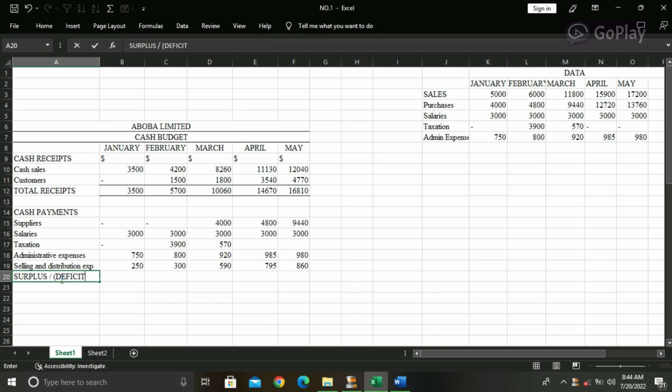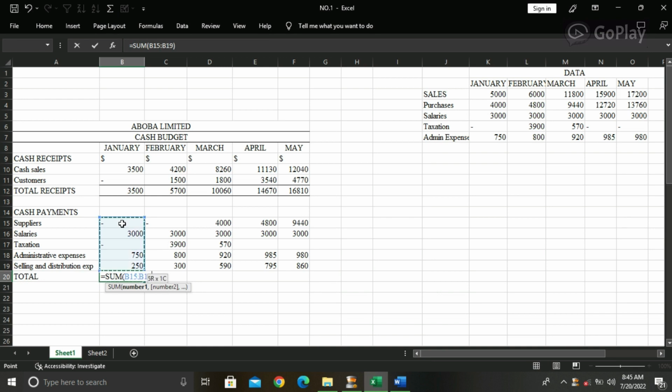So if the receipt is more than the payment, we have surplus. The first thing we have to do is to get the total of the cash payment. So let's derive the total of the cash payment. I forgot to sum the total.